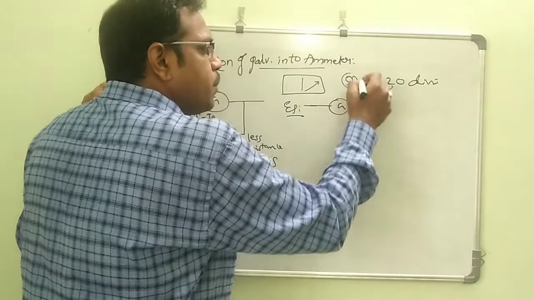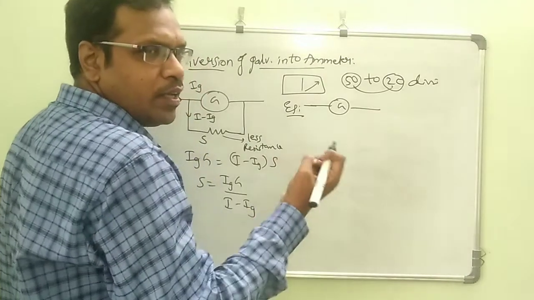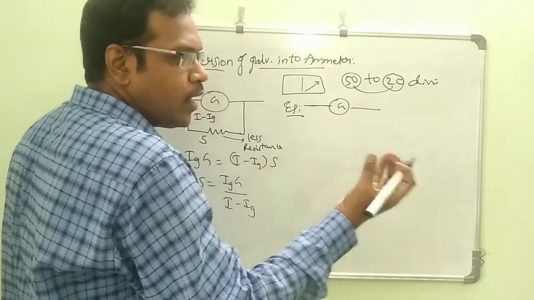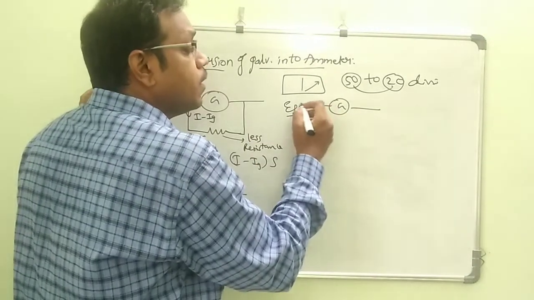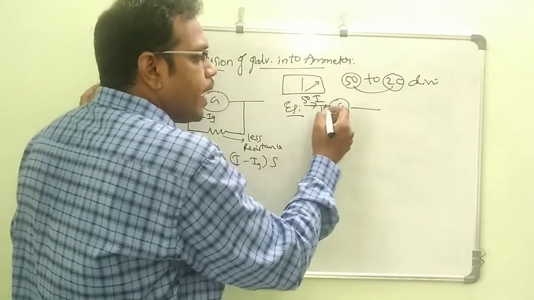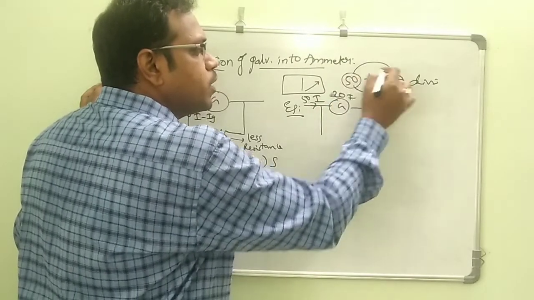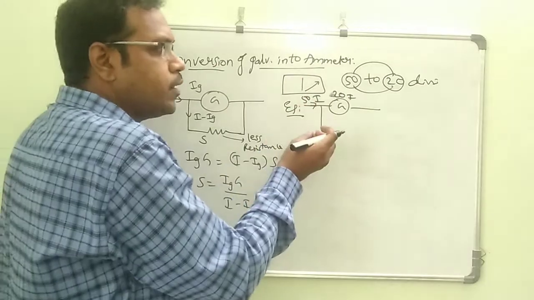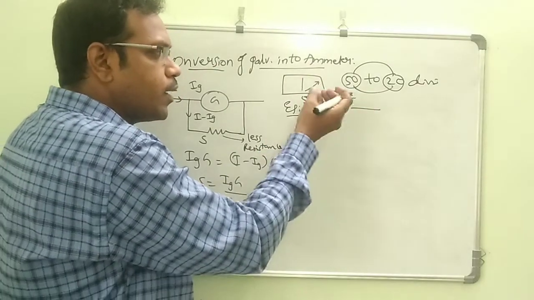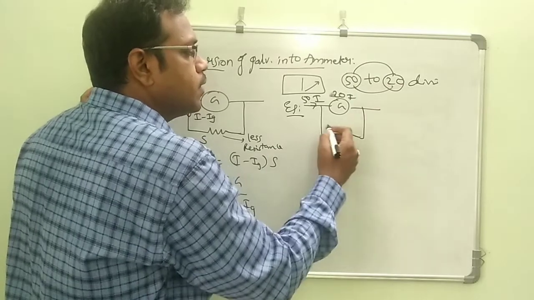That is, 50 is the main current and the galvanometer shows 20 deflection, so the main current is 50I and the galvanometer receives 20I. So the 50 is the main current and the 20 is the galvanometer current. So the shunt will receive how much current? 30I.